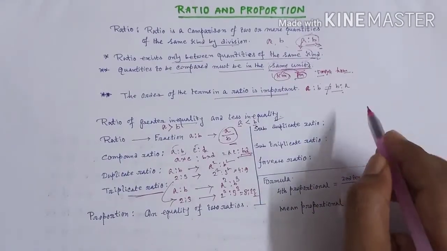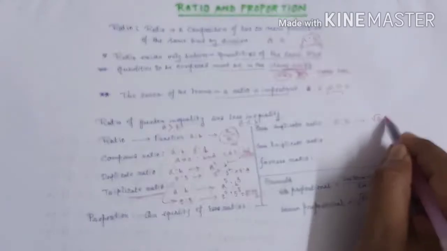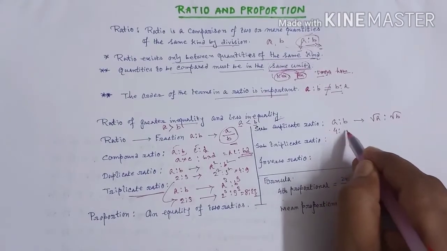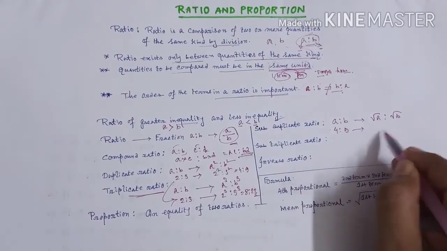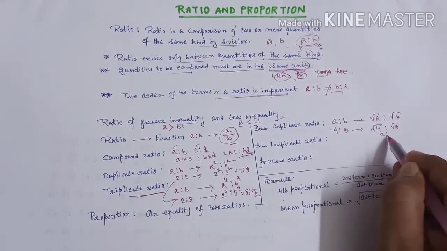Another ratio is the subduplicate ratio. What is the subduplicate ratio? If A is to B is a ratio, then the subduplicate ratio is root A is to root B. Suppose 4 is to 9 is a ratio. Its subduplicate ratio is root 4 is to root 9, that means 2 is to 3.